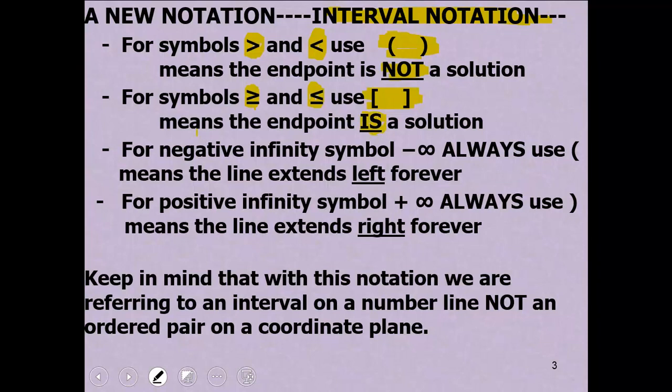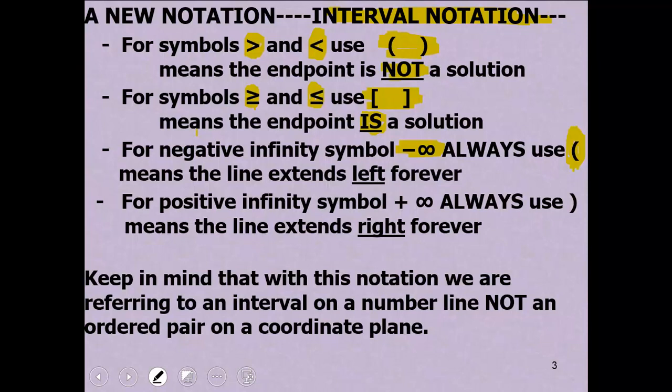Okay? Now, we have to come up with a symbol so that we can include everything to the left or everything to the right, and that is the symbol infinity. Negative infinity means everything to the left is included, and you always use a parenthesis in front of the negative infinity when you use interval notation.